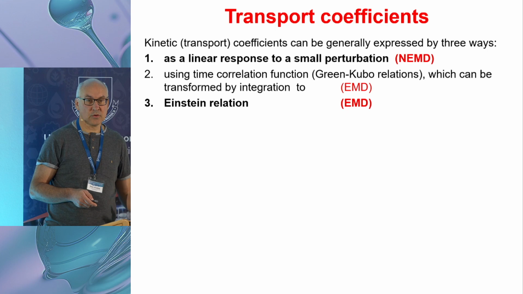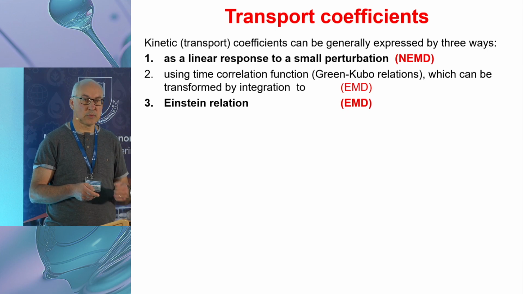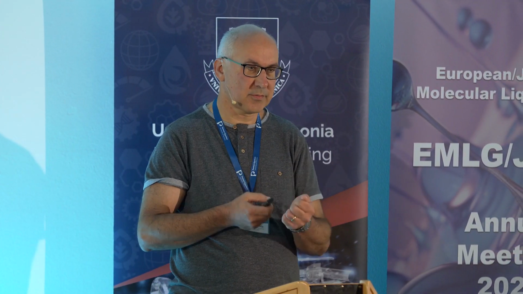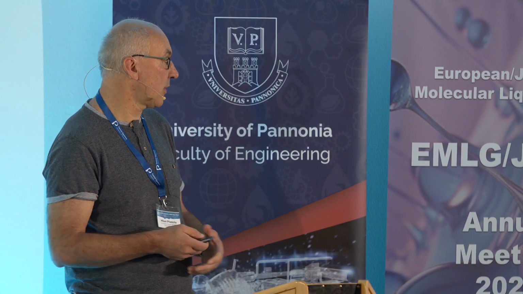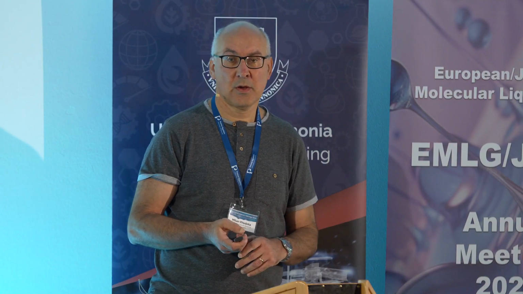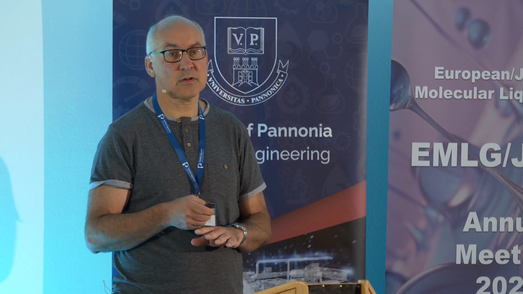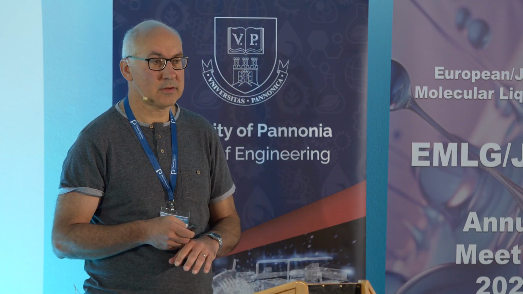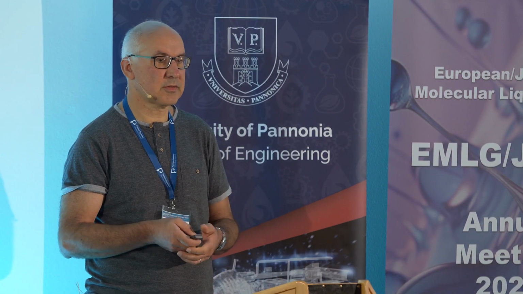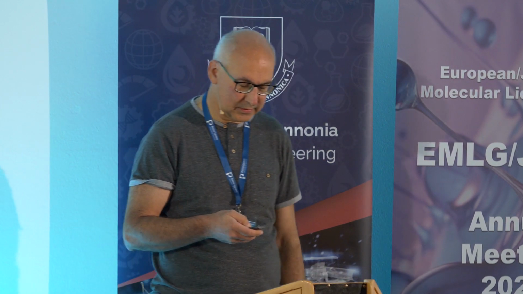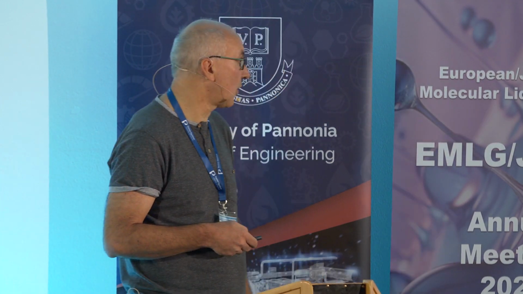One is non-equilibrium molecular dynamics, where you really turn on the perturbation, the external force or shear or whatever, and you observe how your system moves subject to this perturbation. Or you can use equilibrium molecular dynamics, where this perturbation is not turned on at all, but you need the theory and analysis of your standard equilibrium simulations to calculate these transport phenomena.